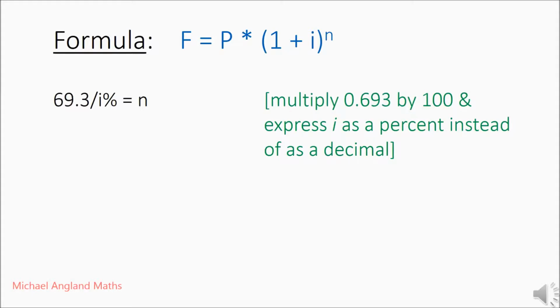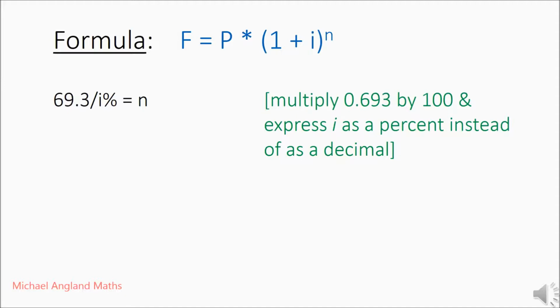So getting back to our formula, we can see now we were up to 0.693 over I, where I was written as a decimal. So if I was 5%, it would be 0.05. So we would have had 0.693 divided by 0.05. So what we've done here in this step is to multiply that fraction on the left-hand side, to multiply the numerator and denominator by 100.